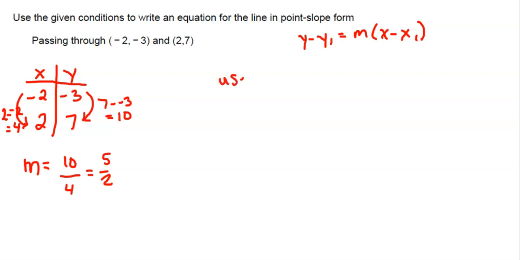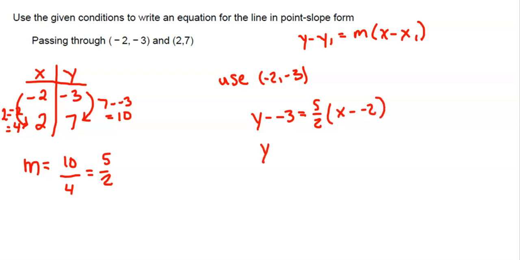If we decide we're going to use the first point, the -2, -3, then we would say y minus -3 equals our slope 5/2 times x minus -2.